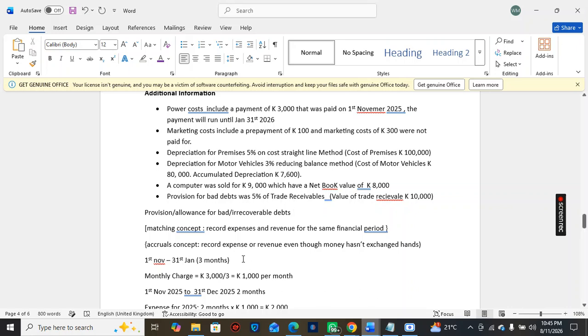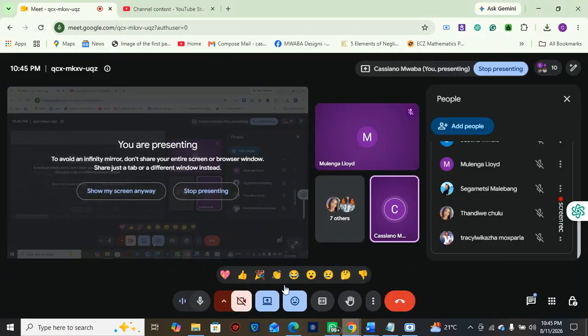So this provision for doubtful debts, knowing that if you sell goods on credit, you're not going to get all the money back. So according to the prudence concept, you must be aware that you might lose out some money on these credit sales. You cannot know how much you might not get back, but all you can do is estimate.